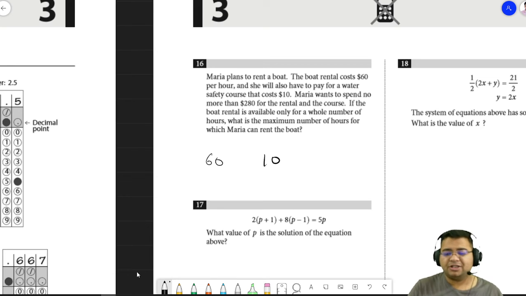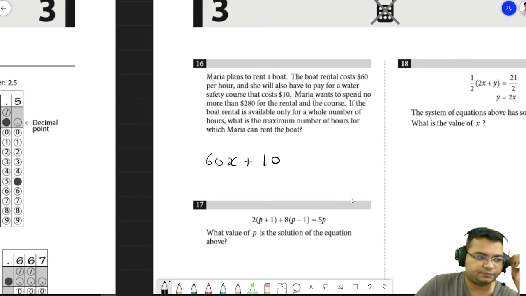Okay, so let's say the number of hours for which Maria wants to rent the boat is X. So the total costing will be equal to 60 times X plus 10 because 10 is a static thing. It won't change. Every time she has to pay whenever she is going for boating, and X is the number of hours she will be boating, and 60 is the cost of boat per hour. Fine.